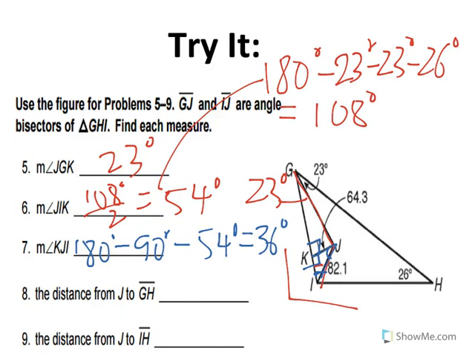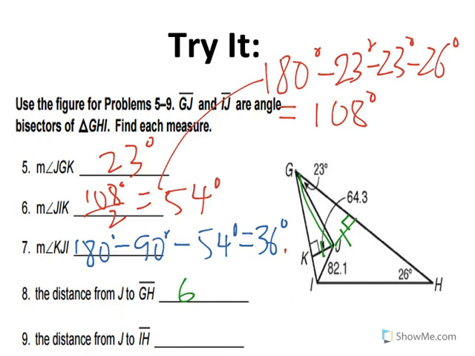For number 8, we're looking for the distance from J to GH. This is an angle bisector. We can draw a right angle here, so that means these two measurements are congruent.